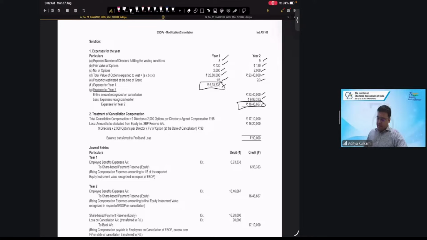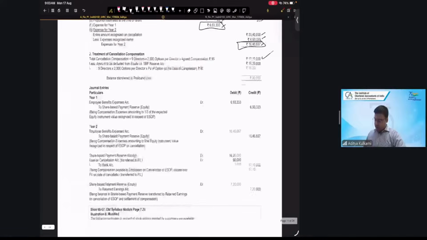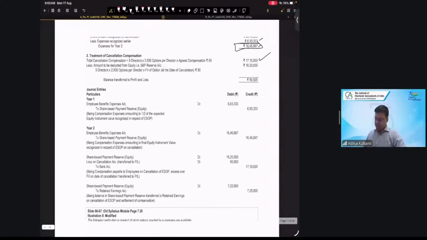Now, cancellation compensation is 9 directors into 2000 options into agreed compensation of 95. So 17 lakh 10,000 rupees. This is your cancellation compensation. Out of this, you have a balance in SBP reserve right now. You will have to meet something out of that. You will have to take something out of that.